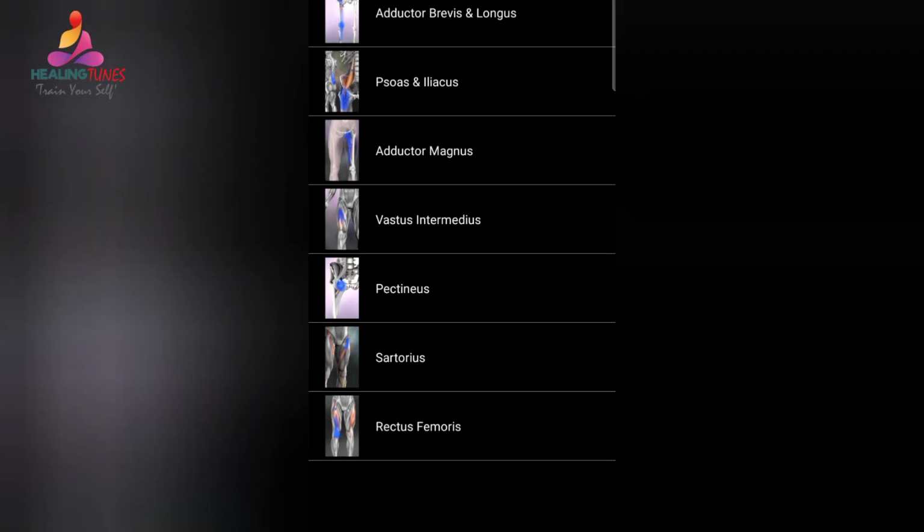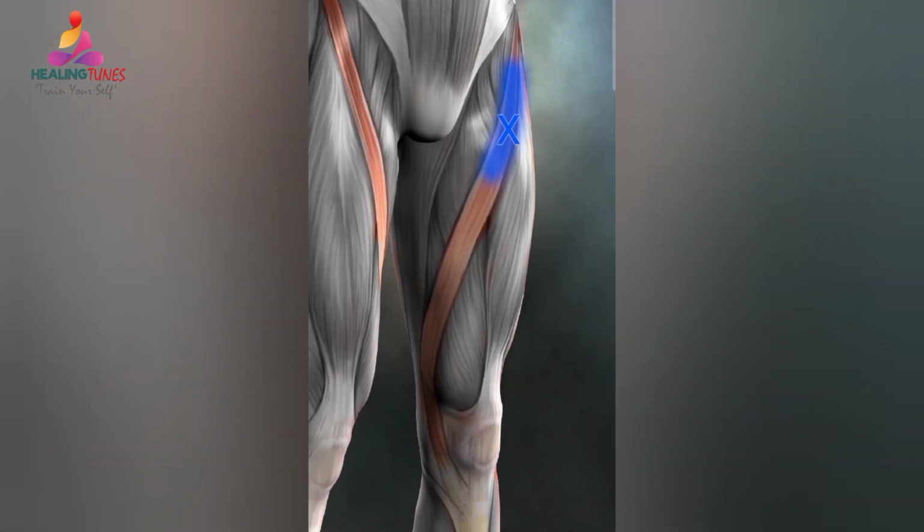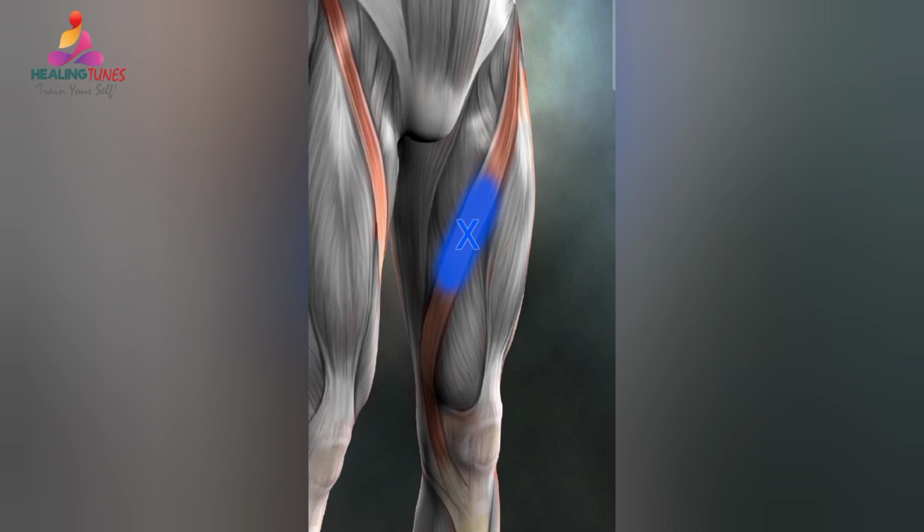Next muscle is the sartorius. Trigger points in this muscle refer locally with superficial sharp and tingling pain. This muscle got its name from its function of putting the leg in a cross-legged position, which is a common position for tailors, sartor.